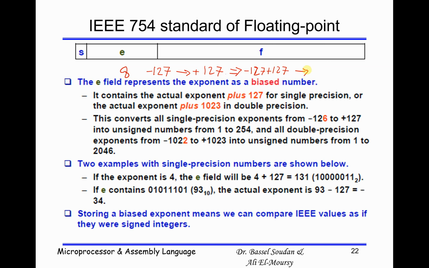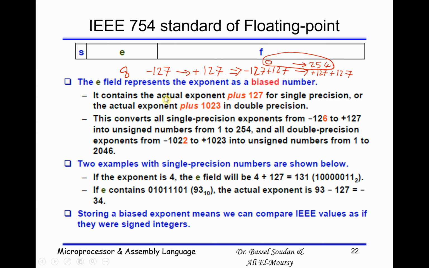So I represent the numbers minus 127 plus 127, which means 0, till, when I add 127 to the positive 127, I have 254. This is the permissible range of values for the exponent for the single precision floating point.